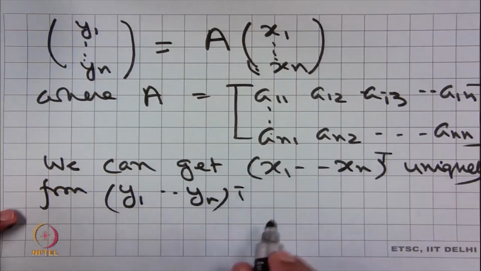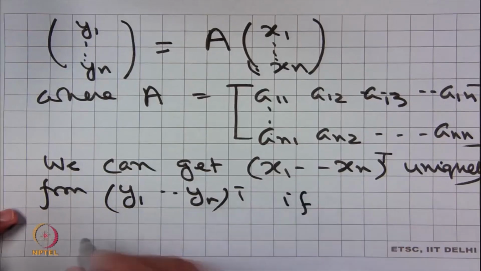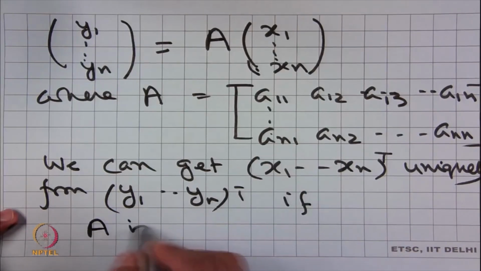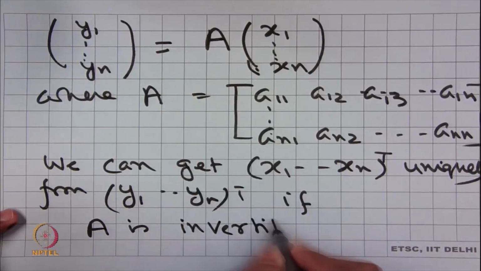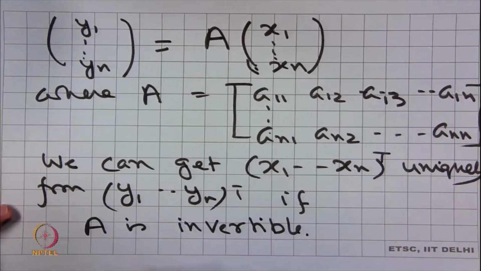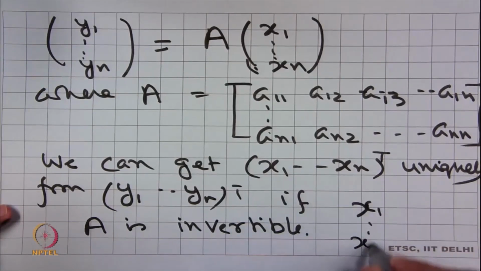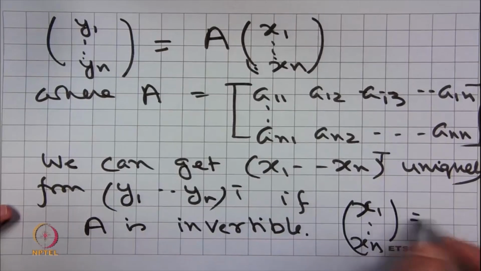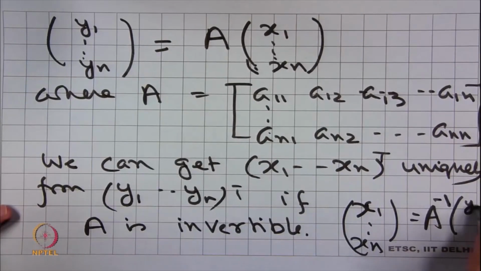Let us use transpose notation for column vectors. If A is invertible, then we get x1, x2, xn is equal to A inverse y1, y2, yn.